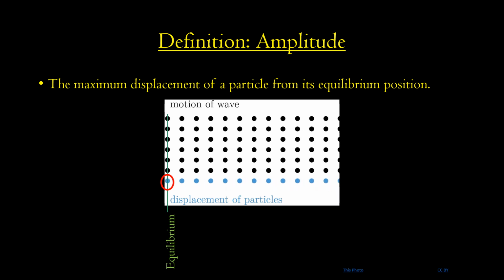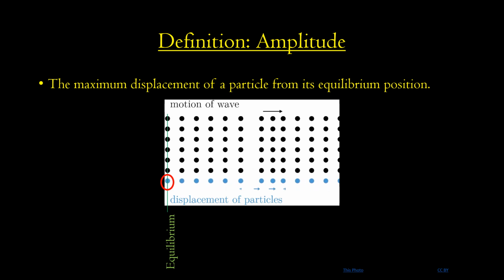Remember, in the beginning when we were talking about a longitudinal pulse, we said that the particle leaves equilibrium towards the right, then goes back to equilibrium after the pulse has passed through it.